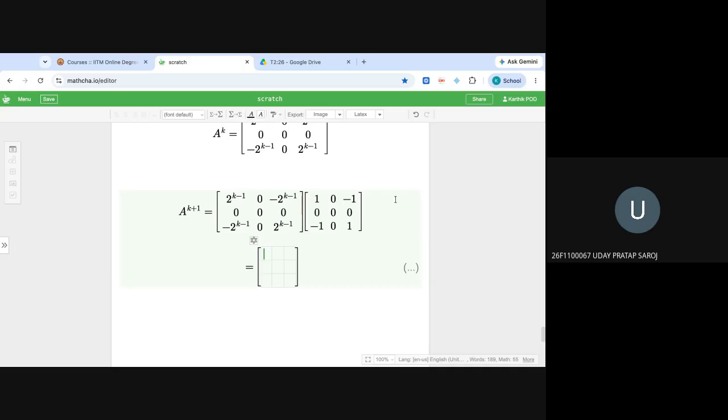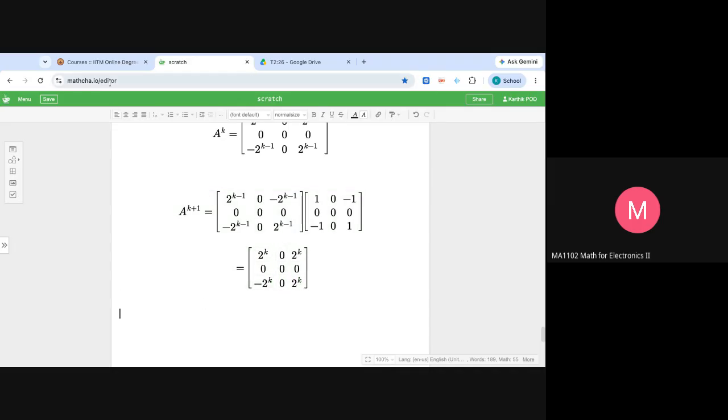Here the order doesn't matter. So this is 2 power k minus 1 into 2, right? So this will be 2 power k and 0. Once again, this should be 2 power k and 0, 0, 0. I think this should work out. So 2 power k, 0, 2 power k, right?